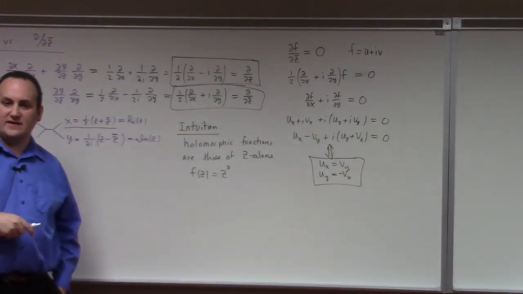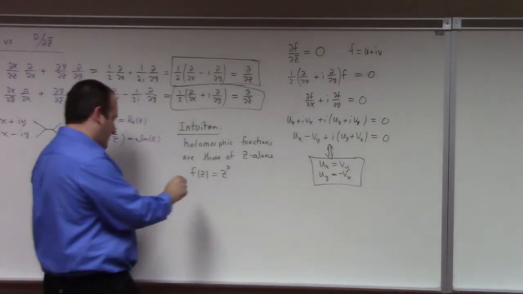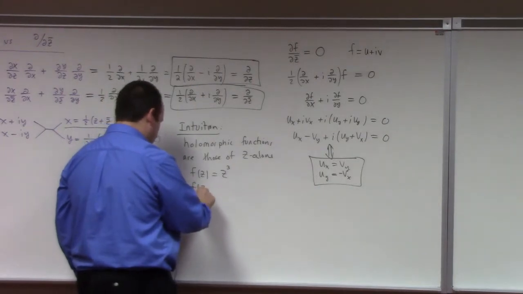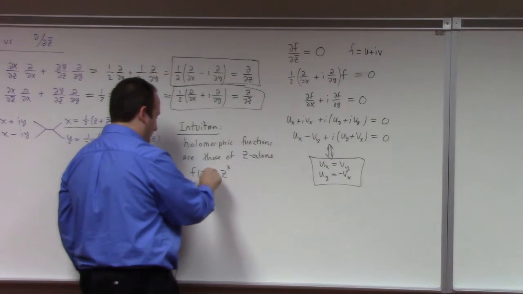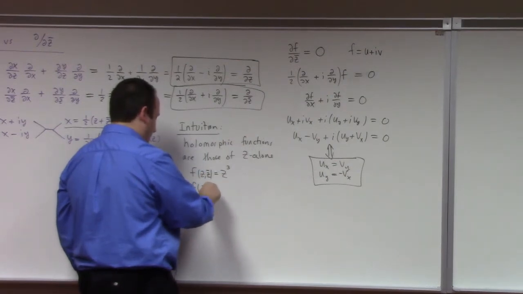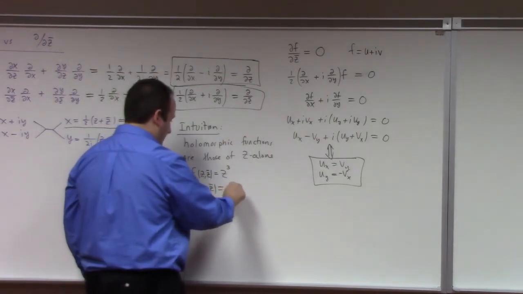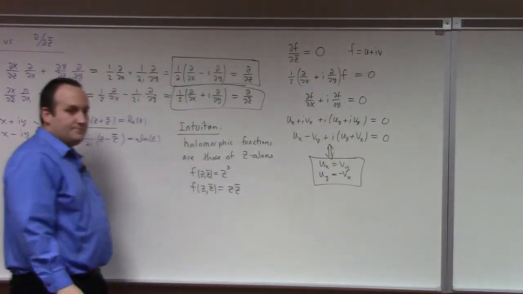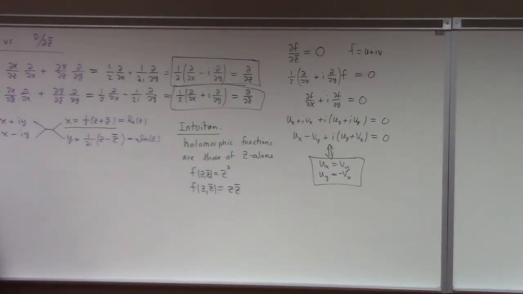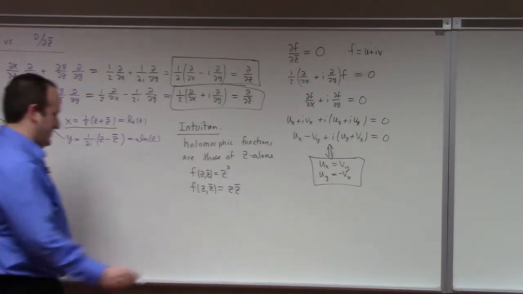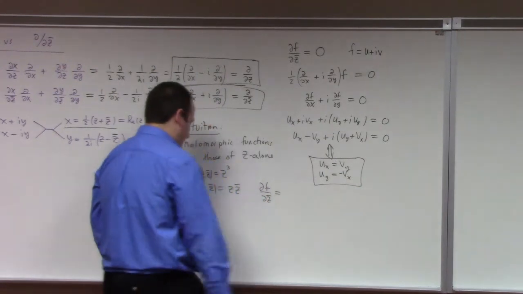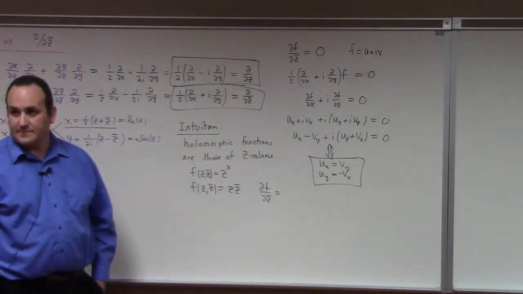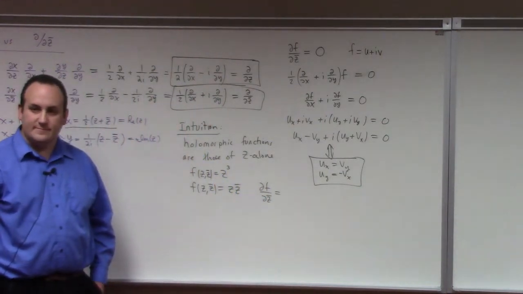It's just a function of z. If I have f of z bar equal to z bar, that is not holomorphic. It has a z bar dependence, right? Partial f partial z bar would be what? 1.